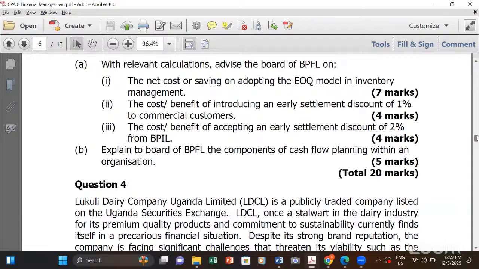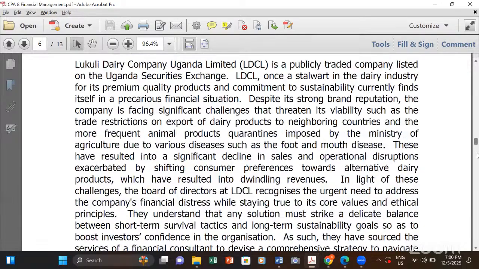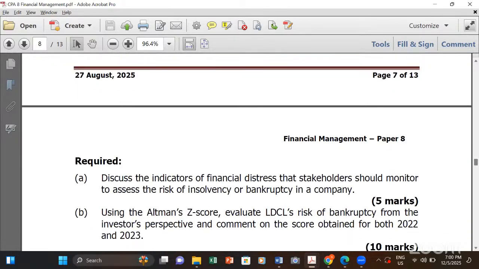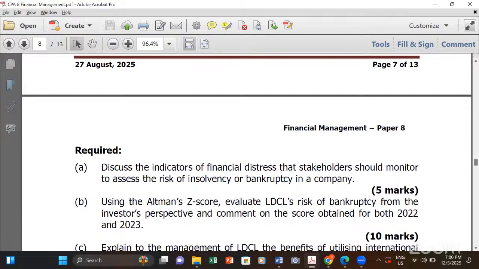And I think the examiner started bringing it recently. He was not bringing it before. Now, in this question, the examiner wanted you to discuss the indicators of financial distress that stakeholders should monitor, to assess the risk of insolvency or bankruptcy in a company.